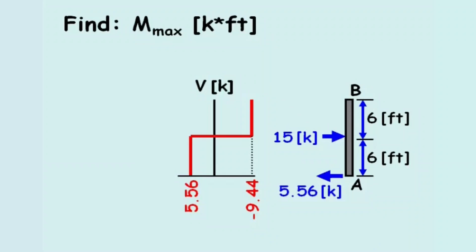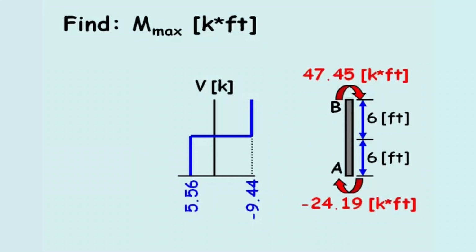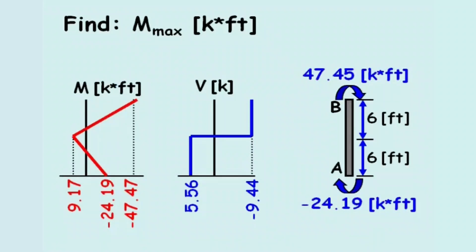If we add moments AB and BA, we can sketch the moment diagram as well. Since the problem asks to find the maximum moment, we'll keep a running tab on the maximum moment, which is currently 9.17 kip feet.